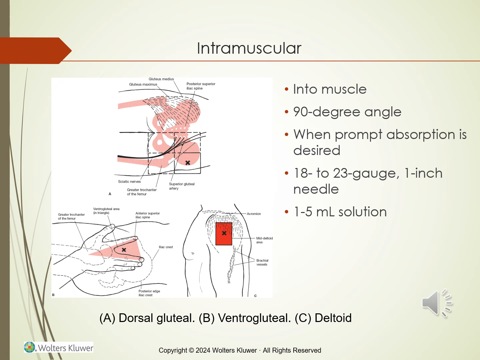While radiographers in major facilities typically do not administer intramuscular injections due to scope limitations, those in rural areas might be trained to perform this task, as they may have diverse roles within the department. The needle size for an intramuscular injection is typically between 18 and 23 gauge, and the needle length is 1 inch long.